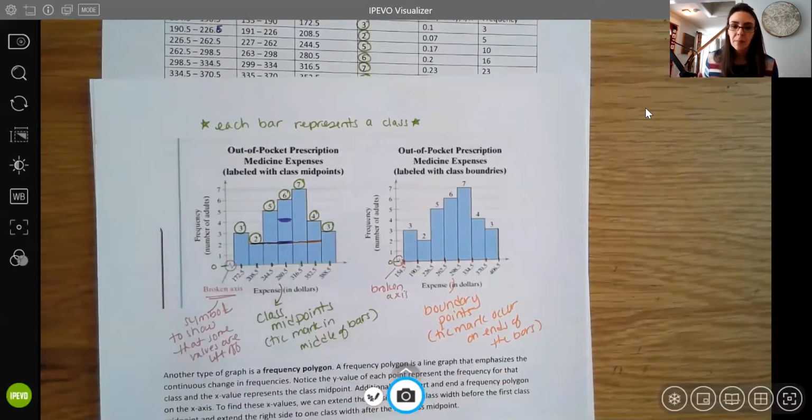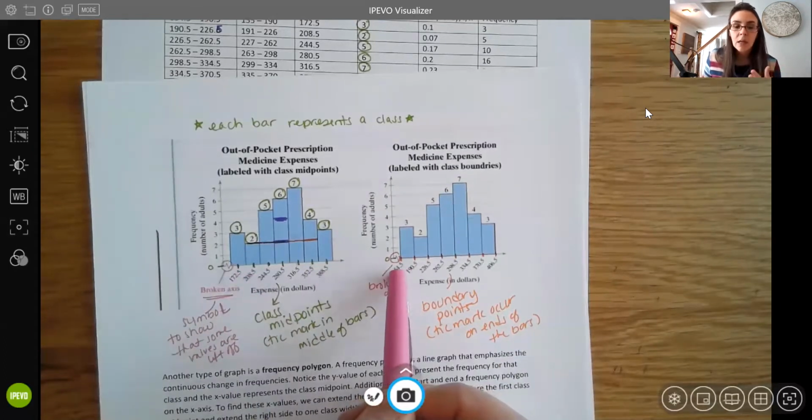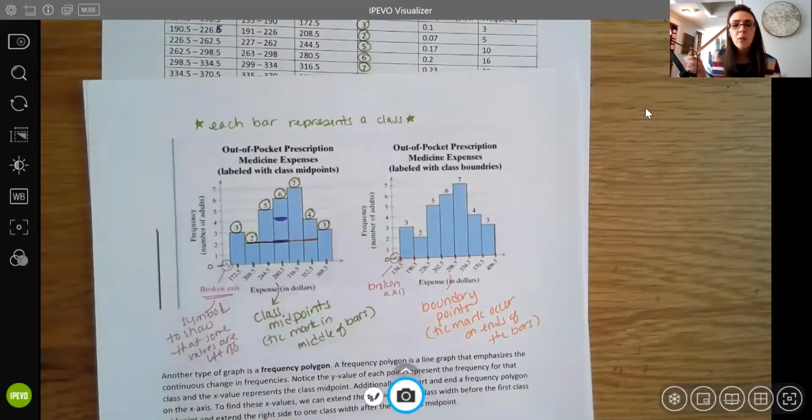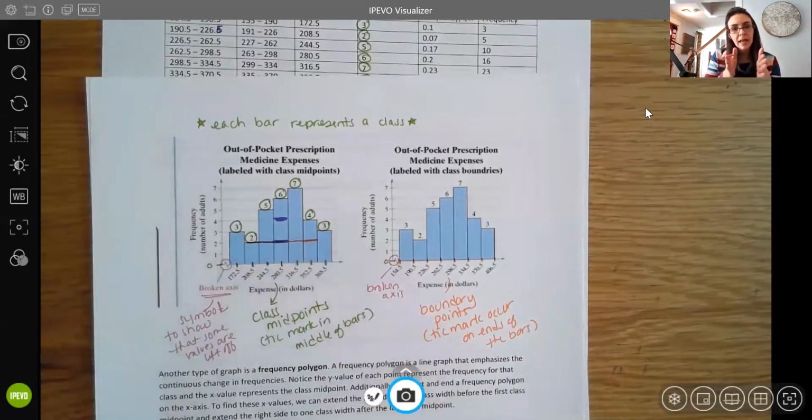But I have no data before, in this case, 172 or 155, we'll say. I don't really want to have to draw 170 tick marks that have nothing on them. So we use this little symbol here just to show that we have kind of truncated or condensed that part of the bar so that we're not starting at 0. We're going to start at 172 or 154, whatever it is.